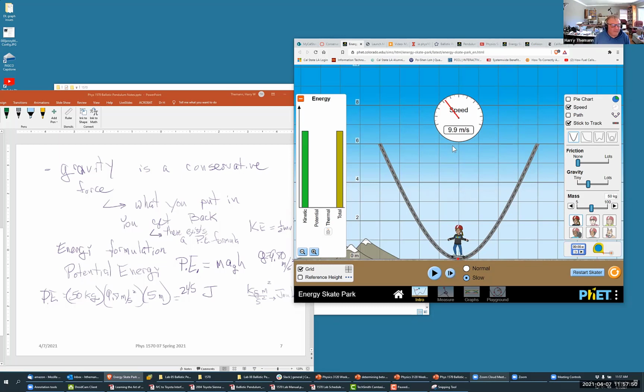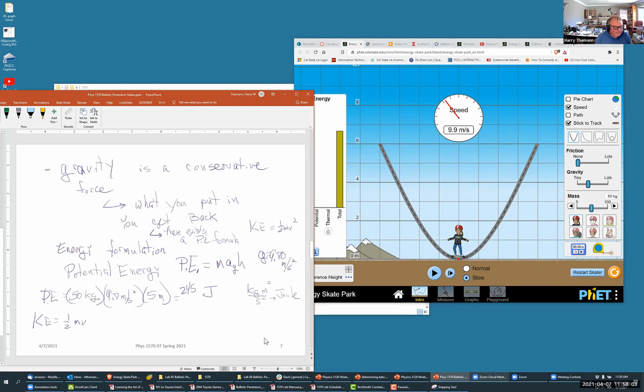Just past 9.9 meters per second. Okay, well, let's calculate the kinetic energy. So that's 1/2 mv squared, and 9.9 meters per second.